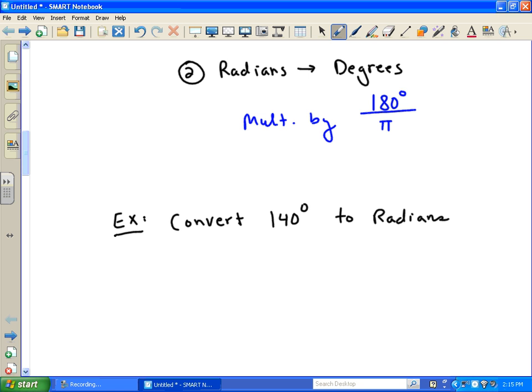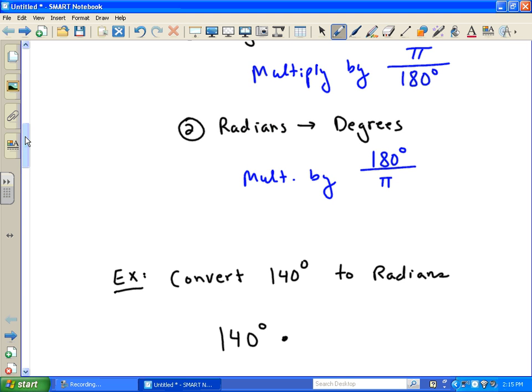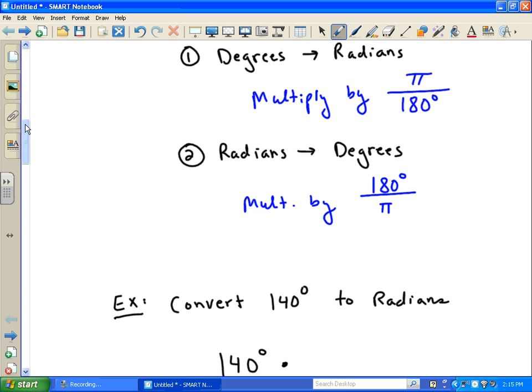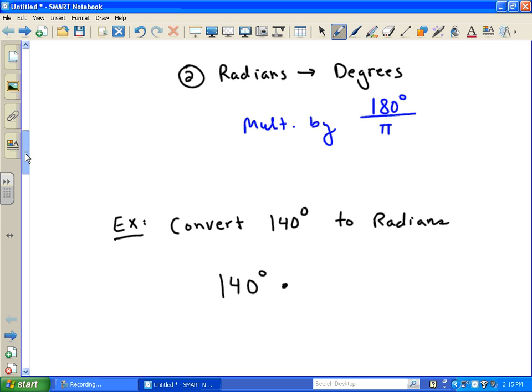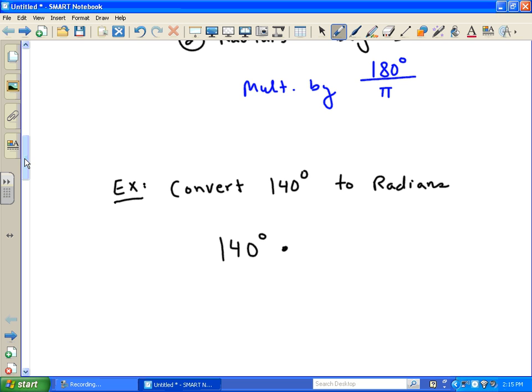I'll take the 140 degrees and multiply by the proper conversion unit. As you saw above, to get from degrees to radians, I multiply by pi over 180 degrees. If you put pi on top and 180 degrees on the bottom, your degree symbols cancel out.